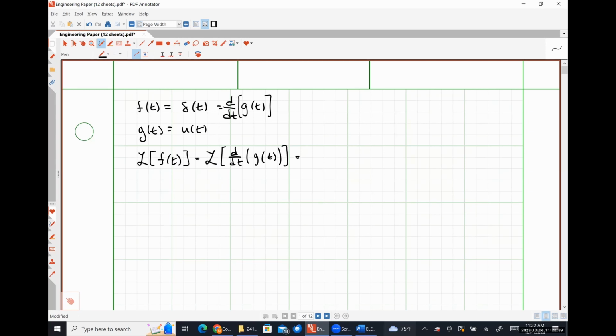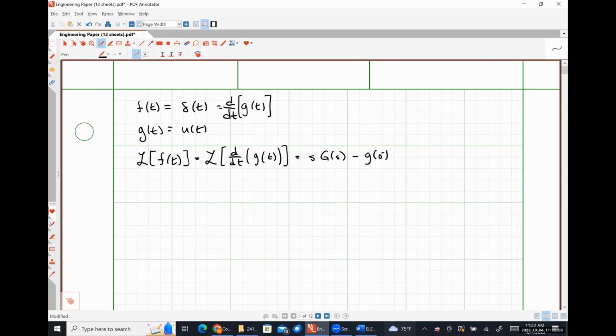Using our time differentiation property, this is going to look like s times G of s minus g at 0 minus.